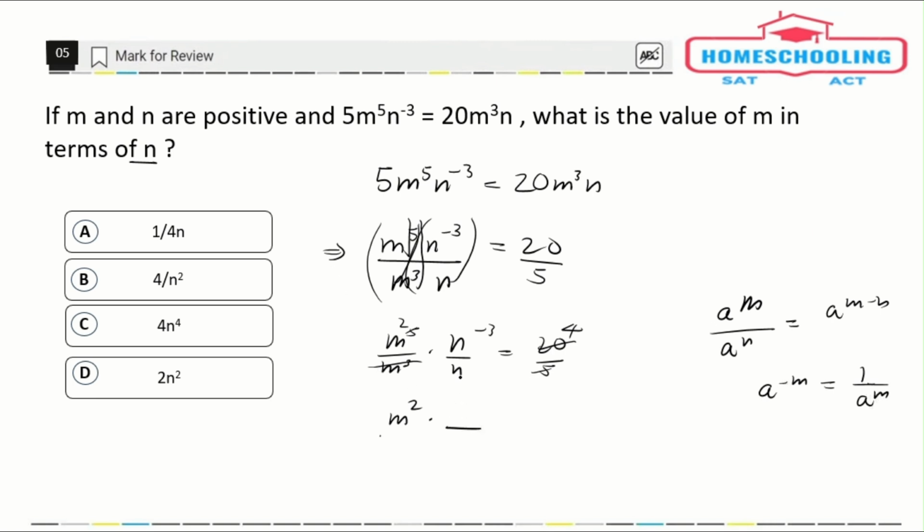So if we take n to the power minus 3 in the denominator, we can say that n into n, here it is minus, so if you take it to the denominator, it would be 3, and that is equal to 4.